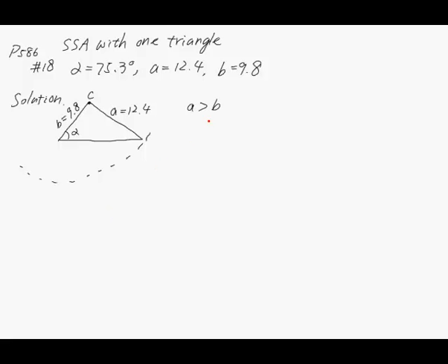So A is bigger than B, then this circle just crosses this bottom line at one point. So that means you have only one triangle.